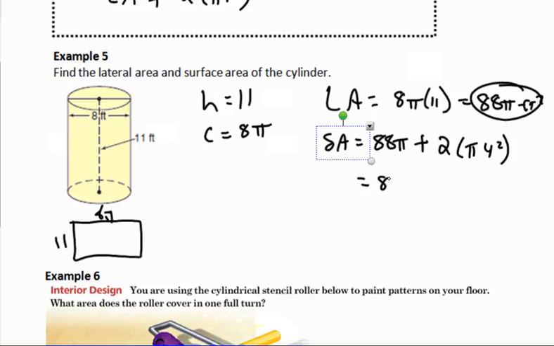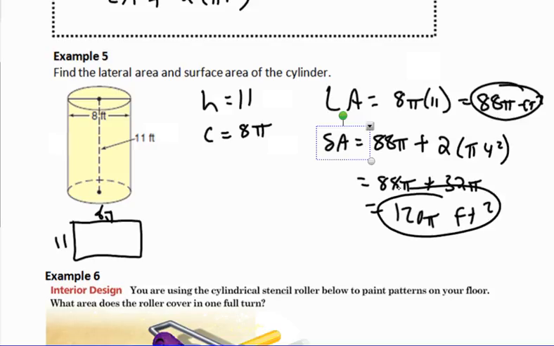So we do that, we have 88 pi plus 32 pi, which would equal a total of 120 pi. And I'm getting hungry for pie. I'll leave it as feet squared. Okay? That's how you find the lateral and surface area of a cylinder.